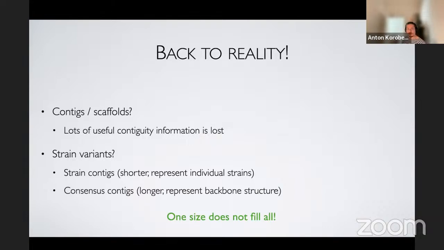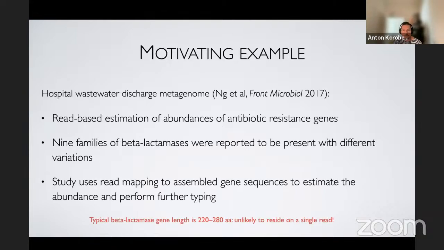So the one size doesn't fit all, and we need to do something. We essentially need to go one step back and figure out what the proper result of genome assembly might be.